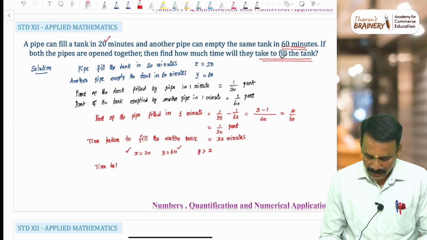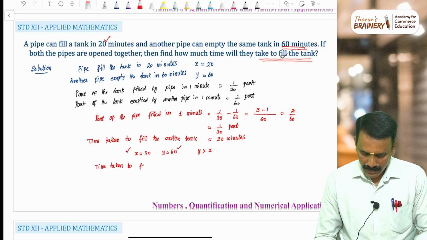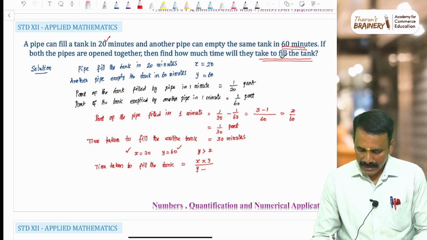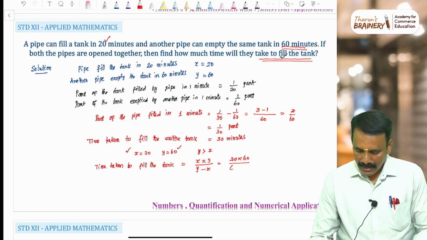So time taken to fill the tank is equal to x into y divided by y minus x, where y is greater, correct? That is 20 into 60 divided by 60 minus 20.